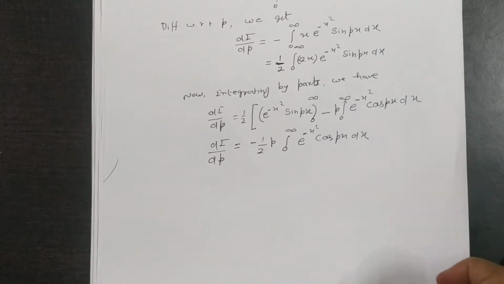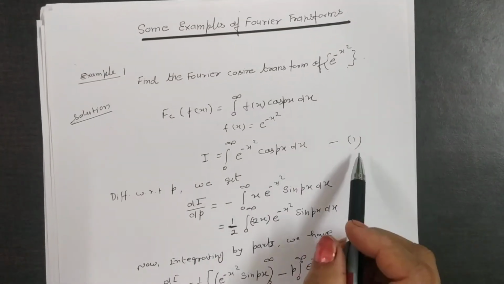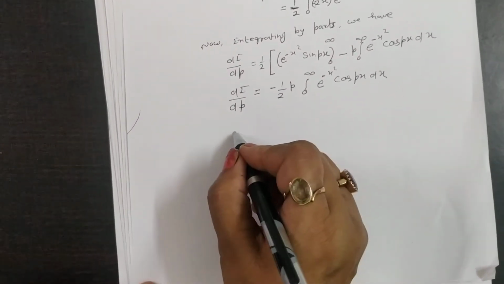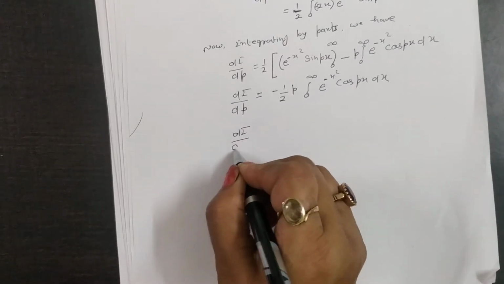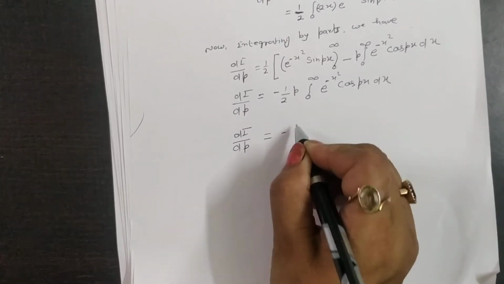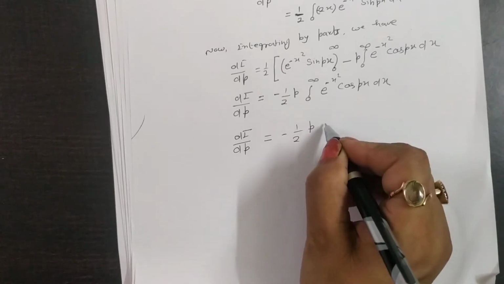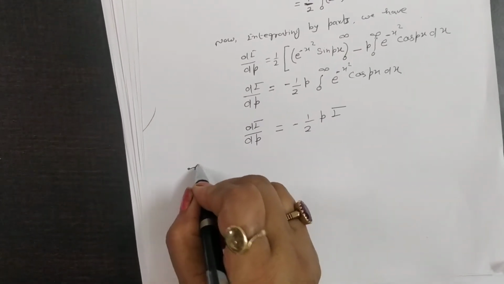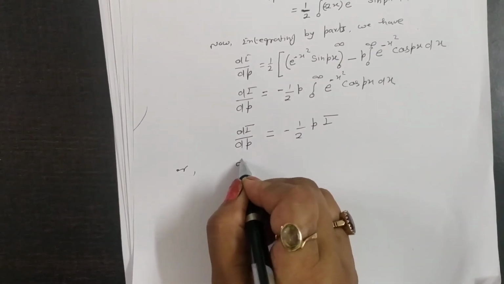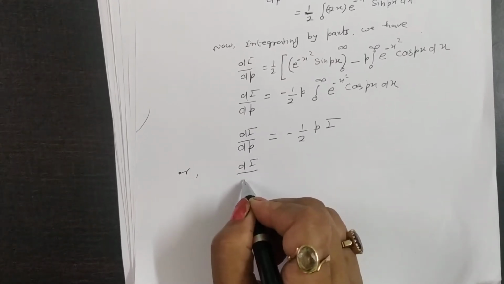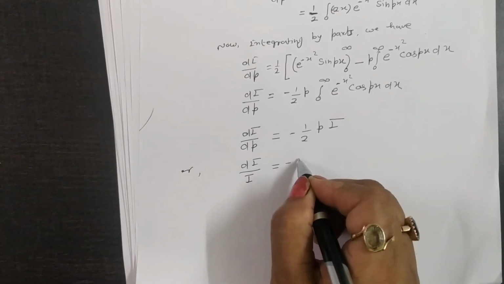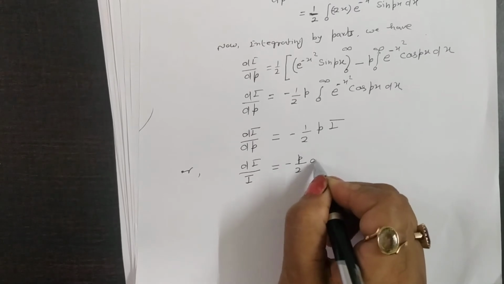From equation 1, this integral is I. So dI by dp is equal to minus p by 2 I. By variable separable, dI by I is equal to minus p by 2 dp.